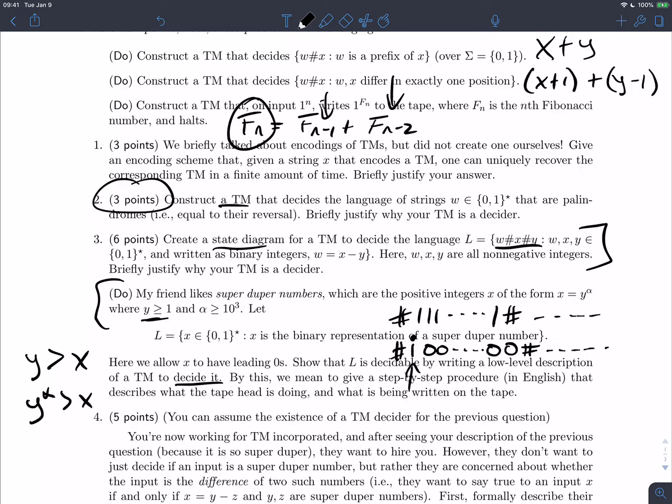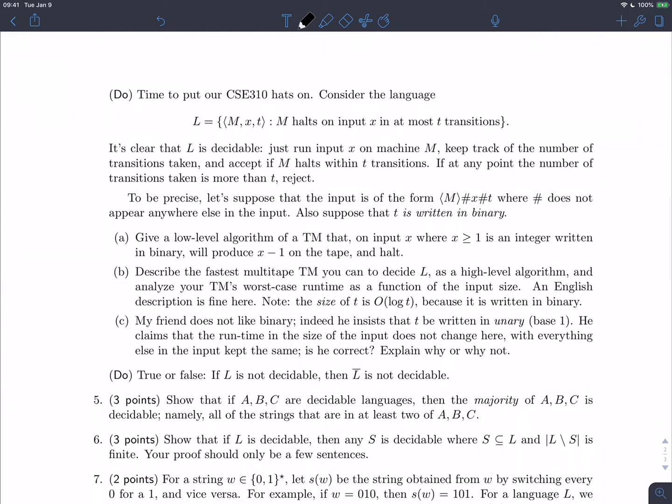Other questions? Yeah. Do problem with CSE355. Can I do that one? Just the first part A. We actually just did part A, where we have an integer x written in binary, and I subtract 1 from it, and then I stop.